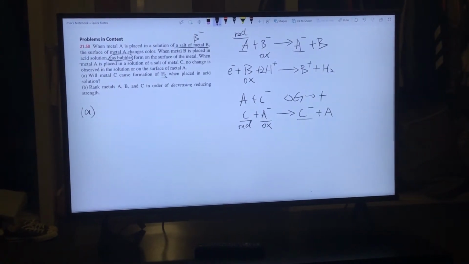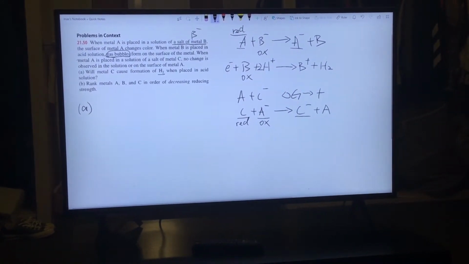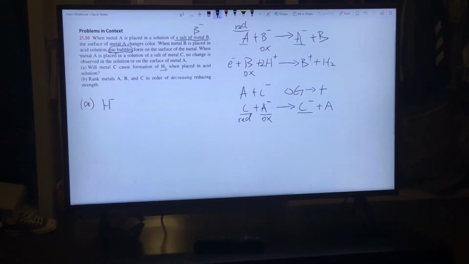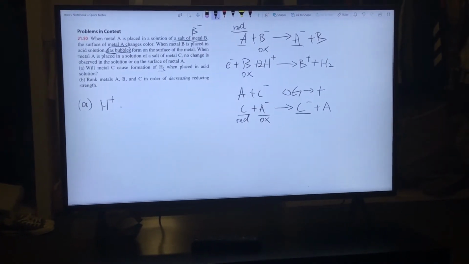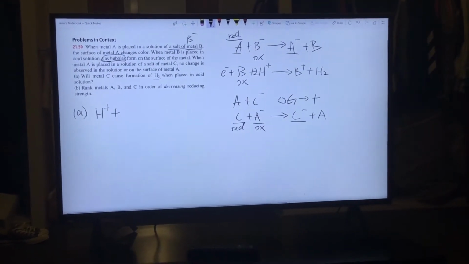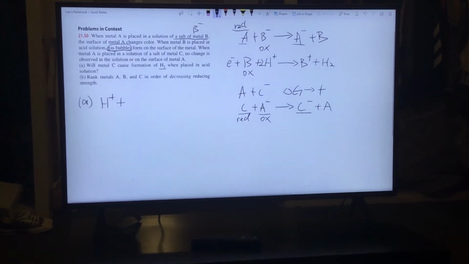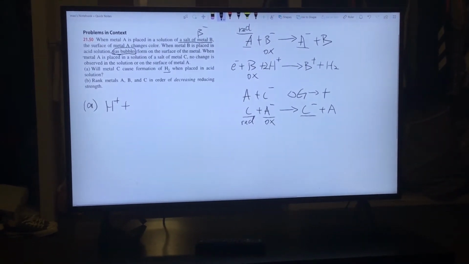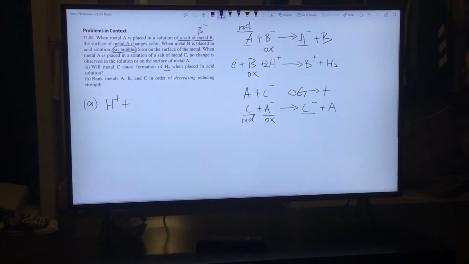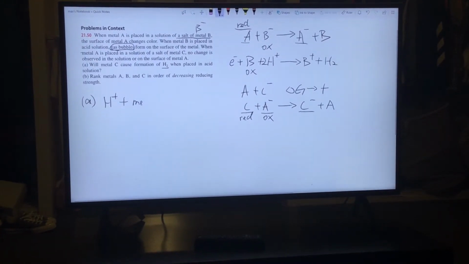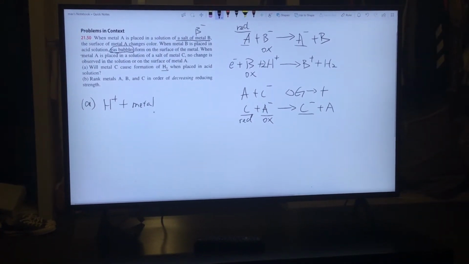So the acid, let's again assume that an acid is H plus, and a metal. You know, the property of the metal is that it's willing to give off electrons, so it's very likely to become an oxidizing reaction.